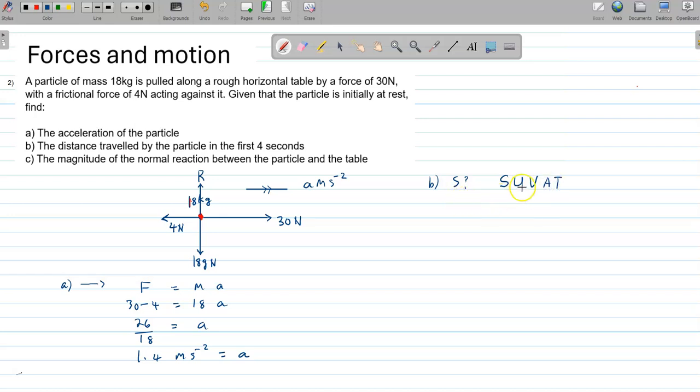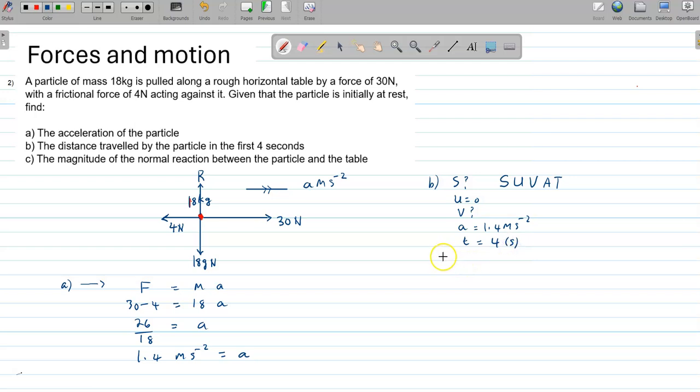We want to find S. U, the initial velocity, is 0. V, we don't know. We have the acceleration, which is given. We calculated it. So it's 1.4 meter per second square. And we are also given the time, which is 4 seconds in the first 4 seconds.